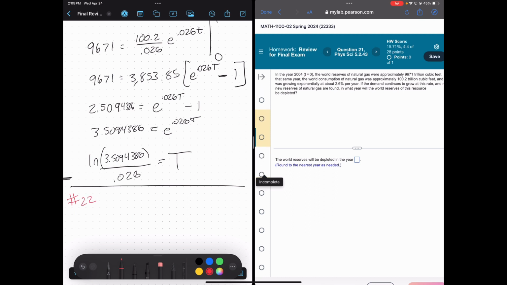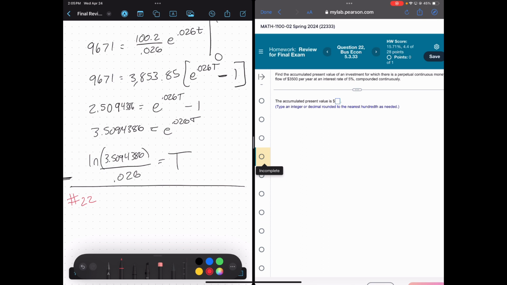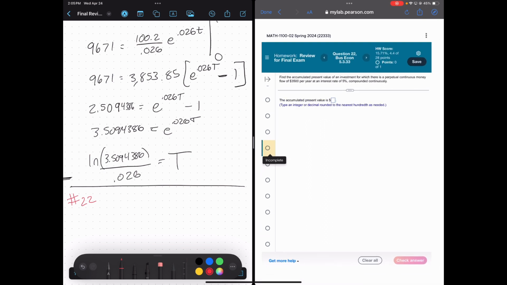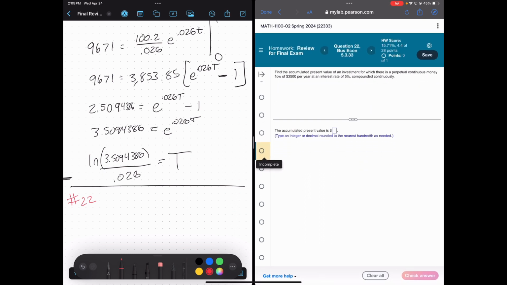Number 22. Okay, 5.3. This is where we got into improper integrals. And so the example we're going to look at is find the accumulated present value of an investment if there is a perpetual continuous money flow. What does perpetual mean?